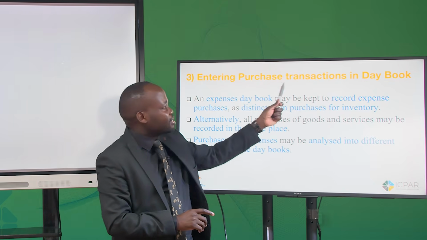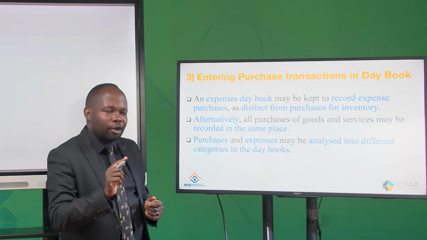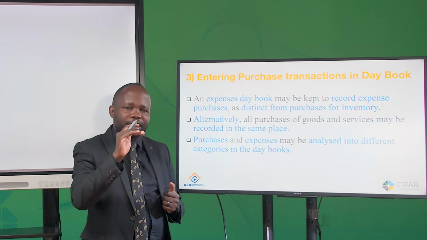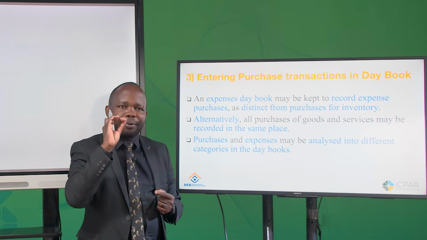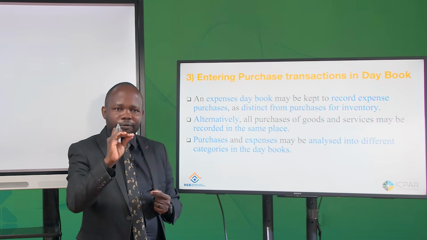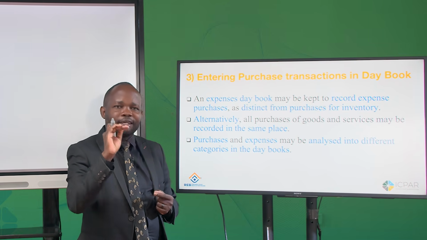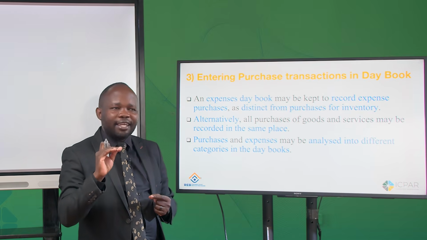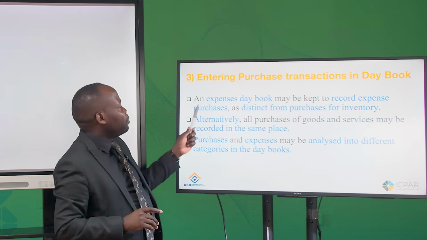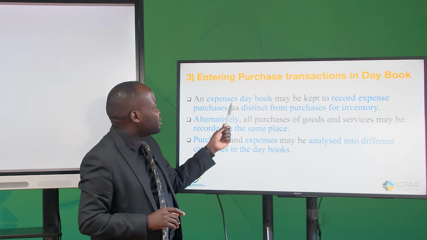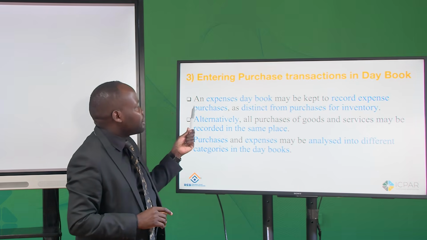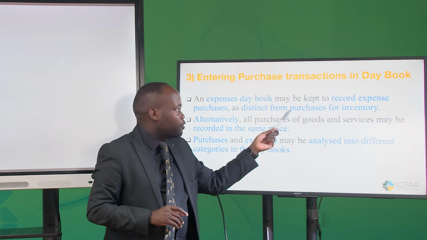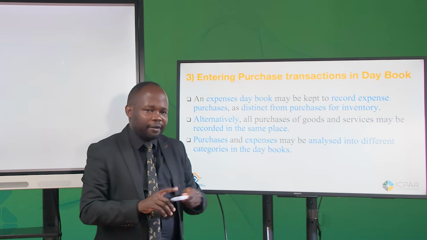Entering purchase transactions in the day book. Remember, in the day book, we post individual entries on a daily basis. All purchases from suppliers, we record them on a daily basis. So an expense day book may be kept to record expense purchases as distinct from purchases for inventory.